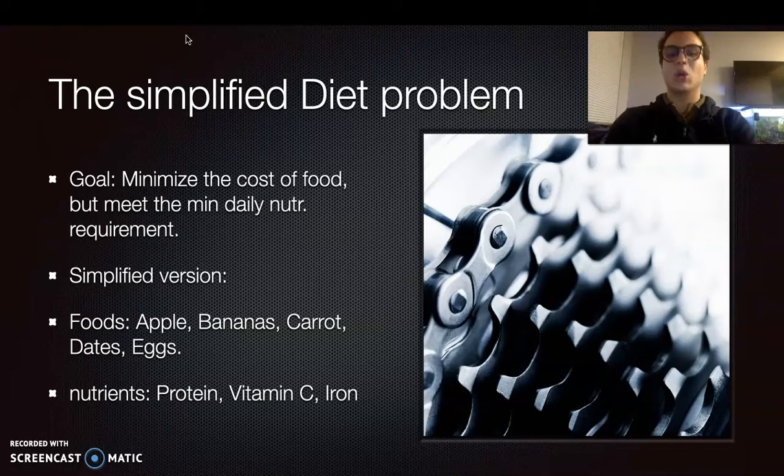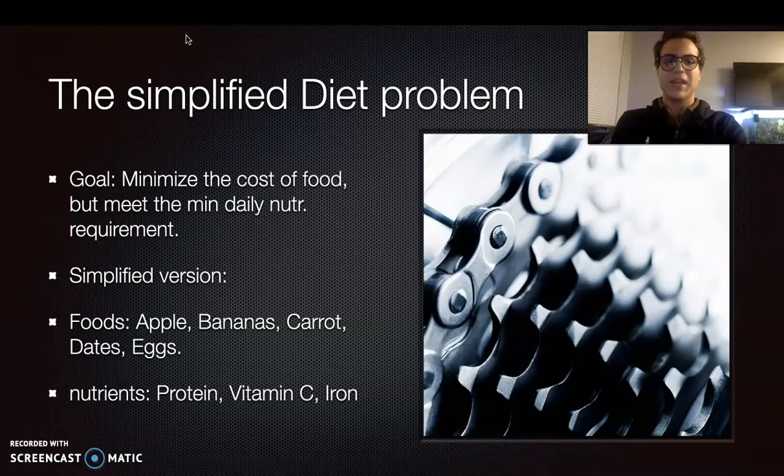Starting with the simplified diet problem, it is first to know what the goal of this problem is. What do we want to solve out of this? So the goal is to minimize the cost of food, the monetary value that we're spending.